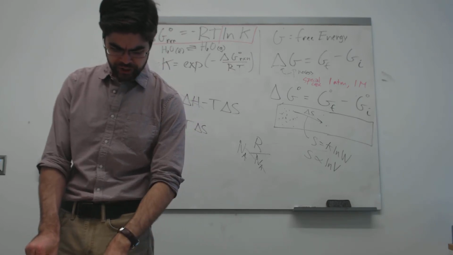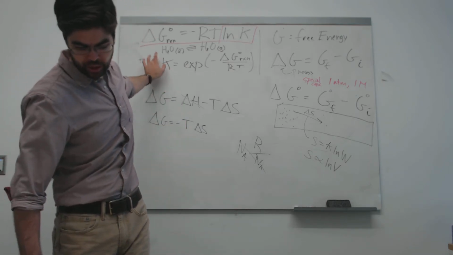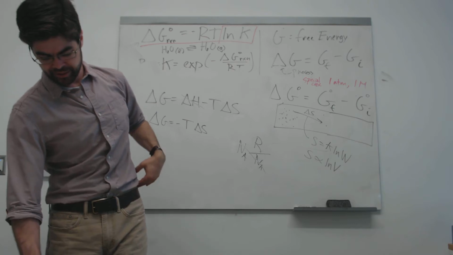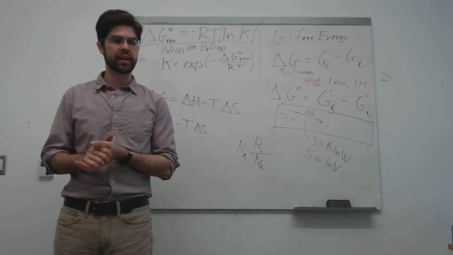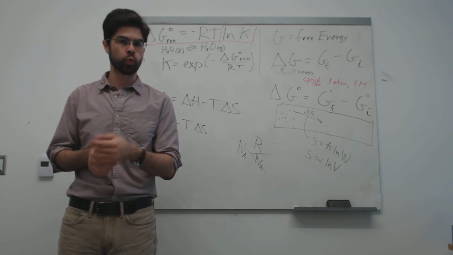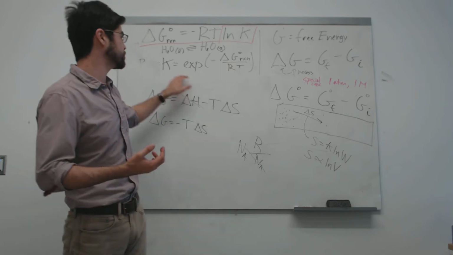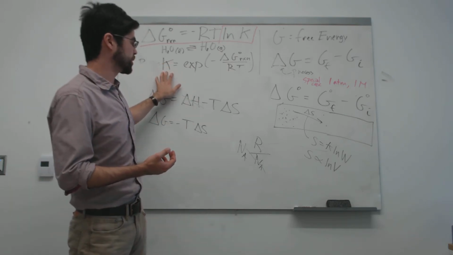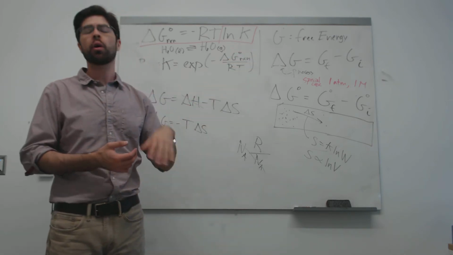What other questions can be answered with these equations? I don't want to say there's not a ton, but admittedly it's one equation, and the equation has one purpose, or one interpretation, which is how do you relate equilibrium constants to energetic changes?